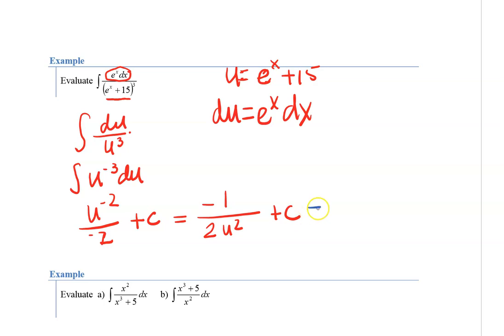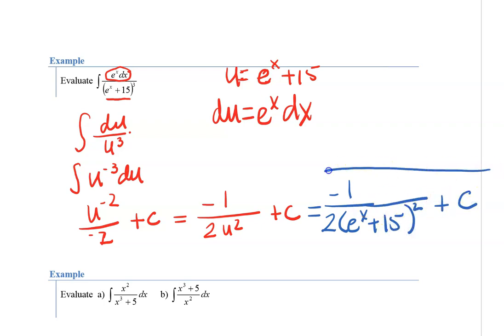And then we can convert that back to x's. So negative 1 over 2, this whole grouping, e to the x plus 15 squared, plus c. Don't forget that plus c on there. So really the substitution helps our integrations to be simpler and not as messy, but it's all going to revolve around picking your u and calculating your du correctly.